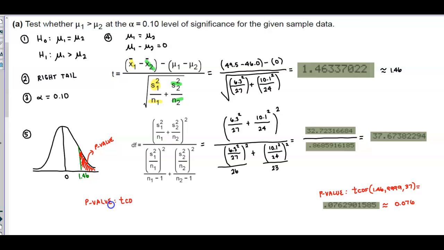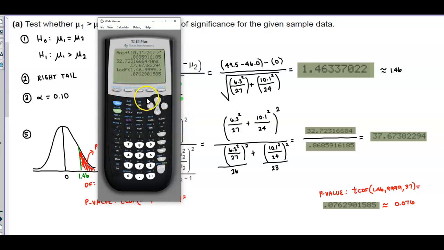We can say tcdf, use the lower limit of 1.46, an upper limit of 9999. And then the smaller of the sample sizes is 24. So we can use the degrees of freedom to be 24 minus 1, which is going to give us 23. So let's find out what that number would look like.